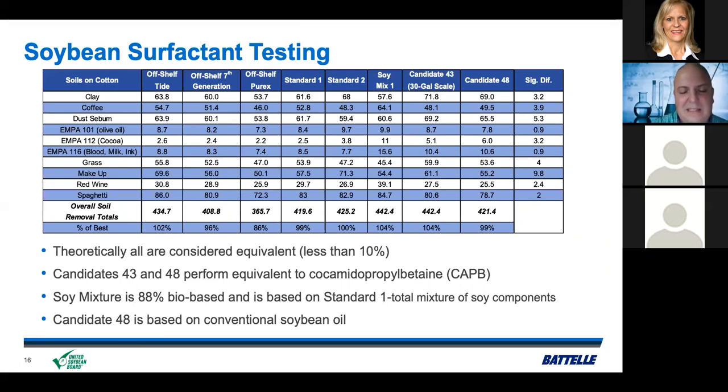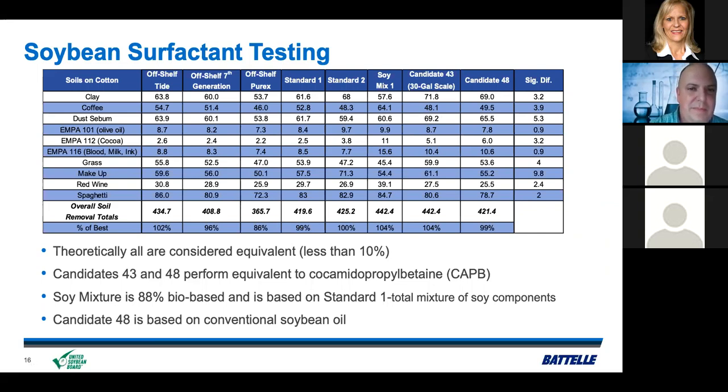And actually all the testing that we discussed today is considered equivalent. So the real interesting result was candidate 48, which was based on a conventional soybean oil. And so we had okay results. In some earlier work with some other branches, it was just slightly worse. So we can produce some candidates from commodity soy, which has availability benefits as far as current.